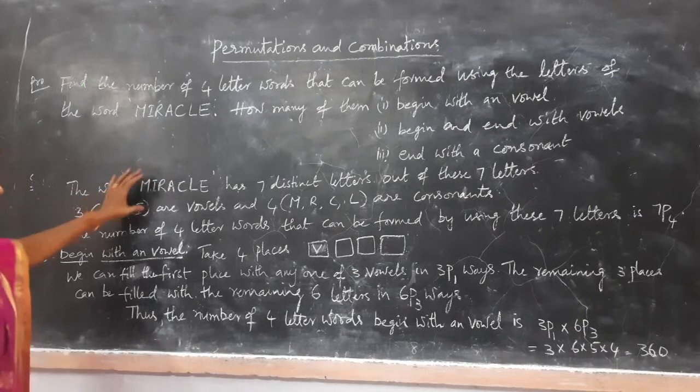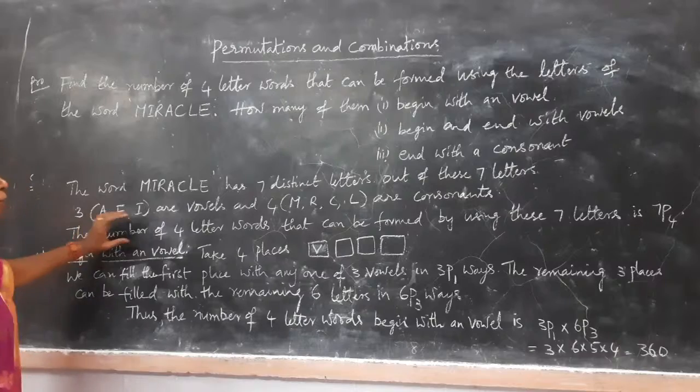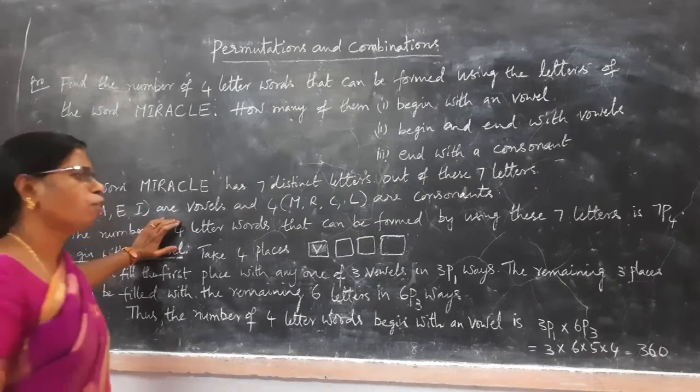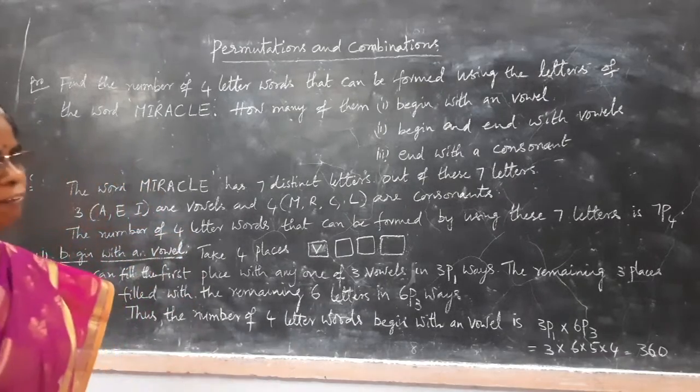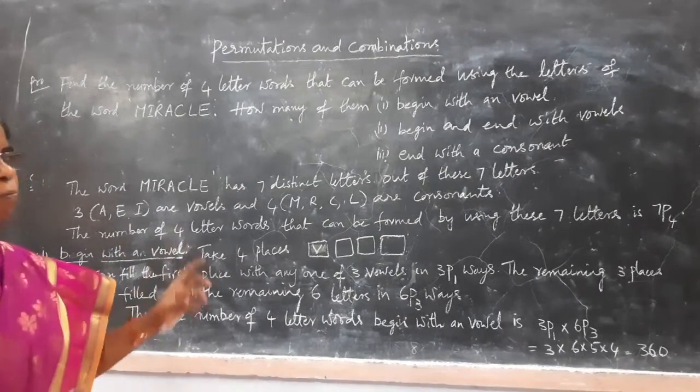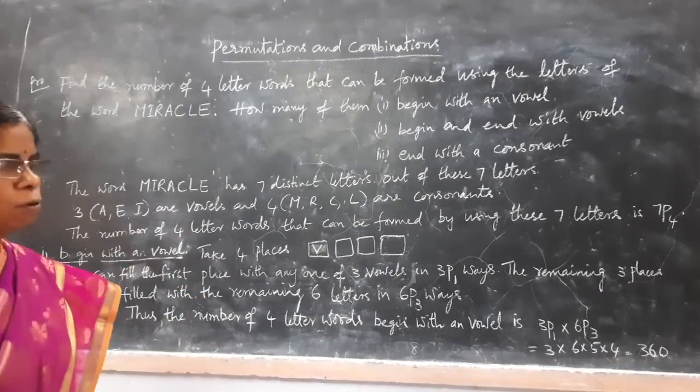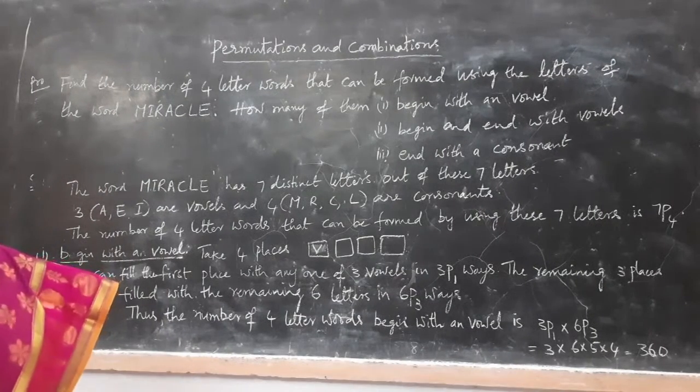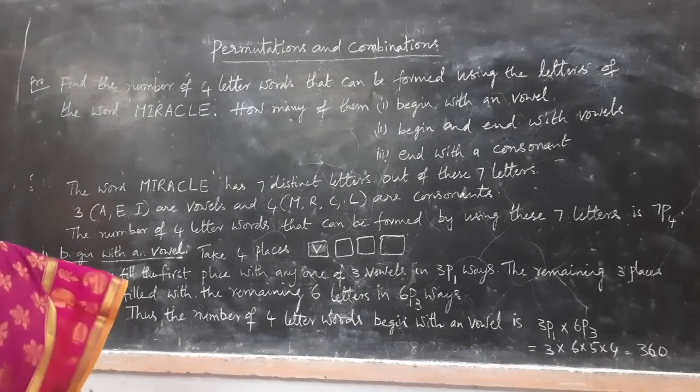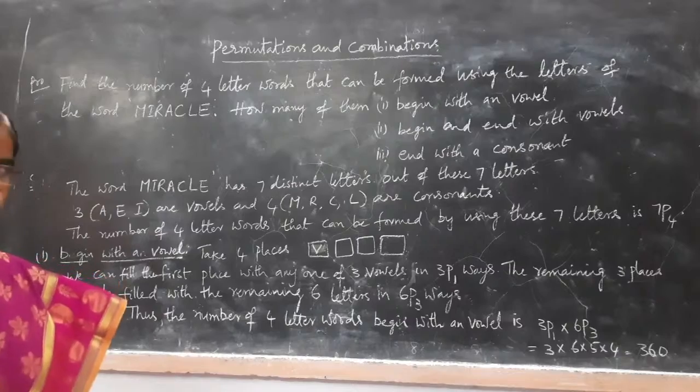7P4 words come. So see here, the number of 4-letter words that can be formed by using these 7 letters is 7P4. Whenever we take 4 letters out of 7 and arrange them, we get a 4-letter word each time.